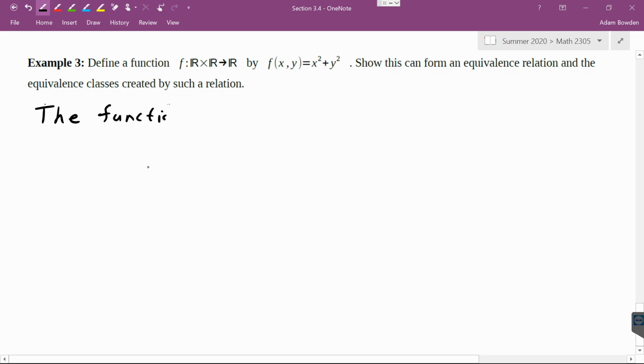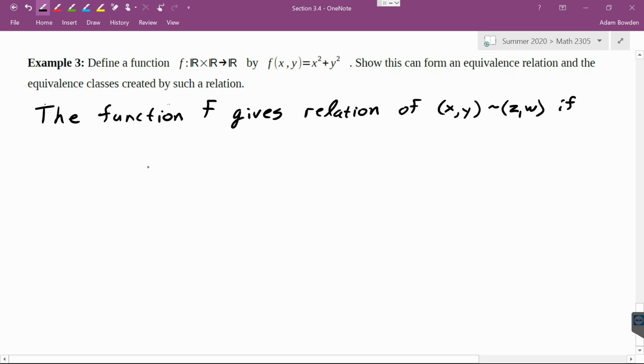Let's say that the function f gives a relation where the ordered pair (x, y) relates to (z, w) if x squared plus y squared is equal to z squared plus w squared.